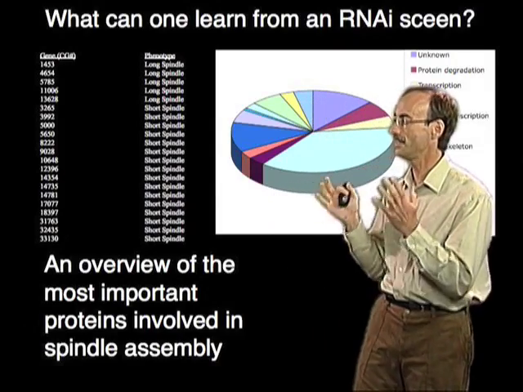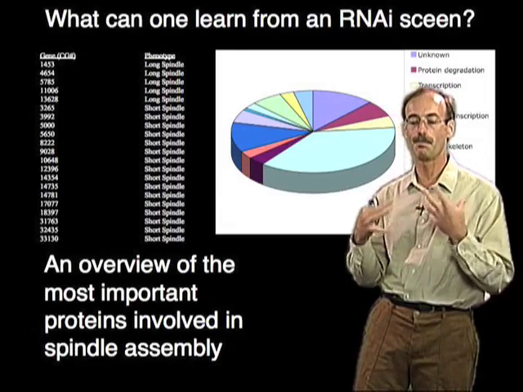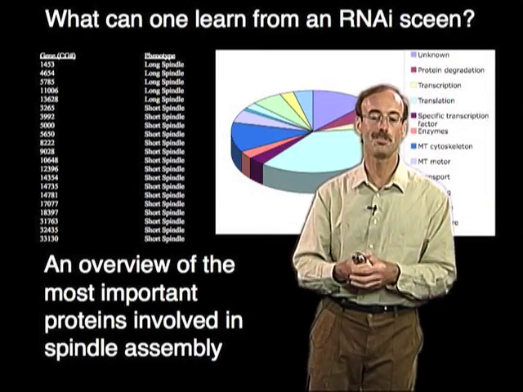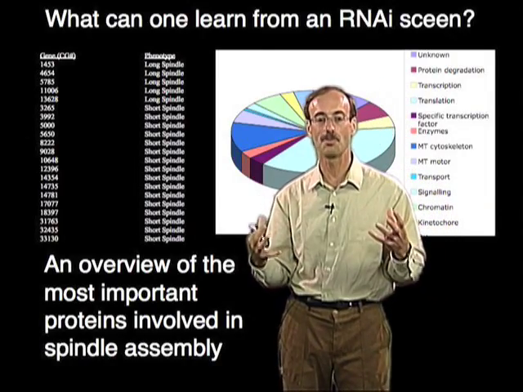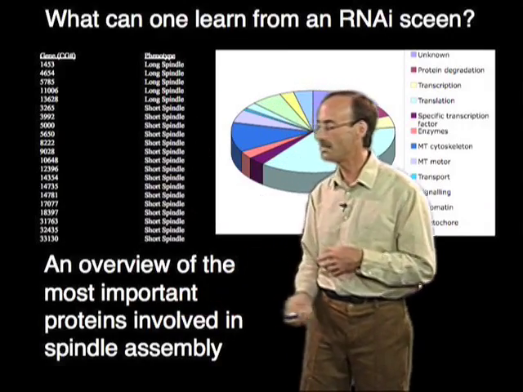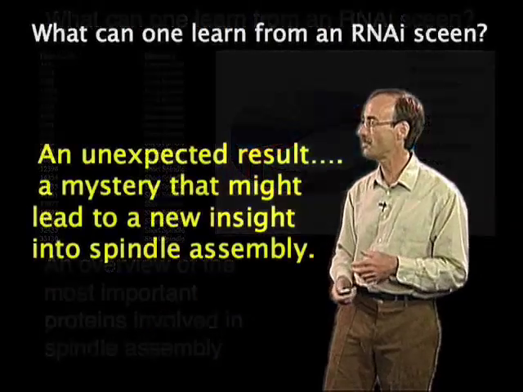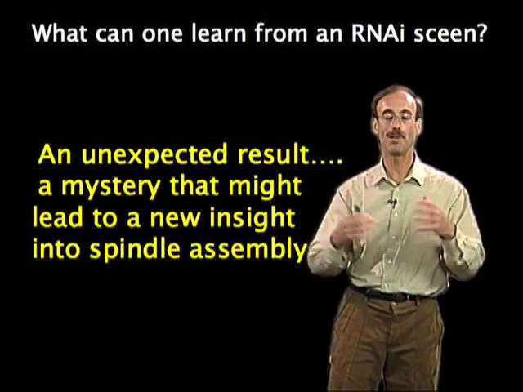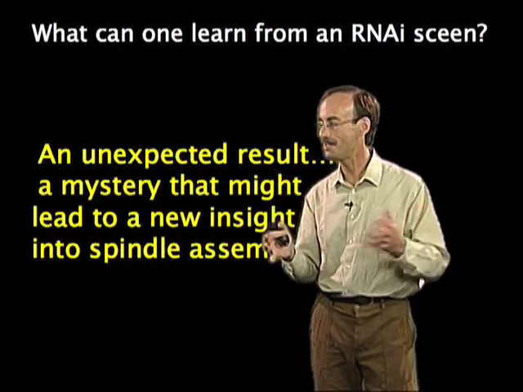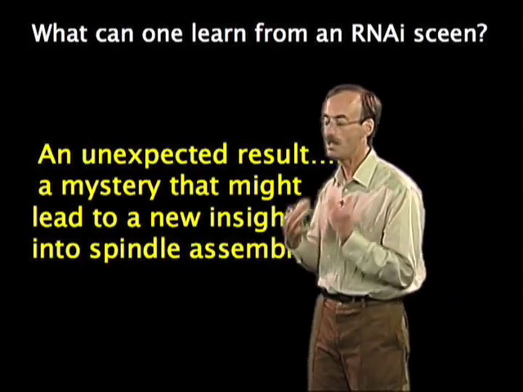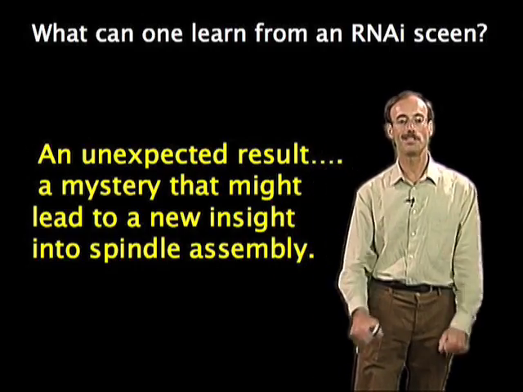But I would argue that this list itself really does not, on its own, provide insight into how the mitotic spindle really works. And to do that, you have to go beyond this list of genes and do more experiments. What you're trying to find out of the screen is some unexpected result, not just a big list of genes, but some unique finding here that can give you some new insight into how the spindle is formed.